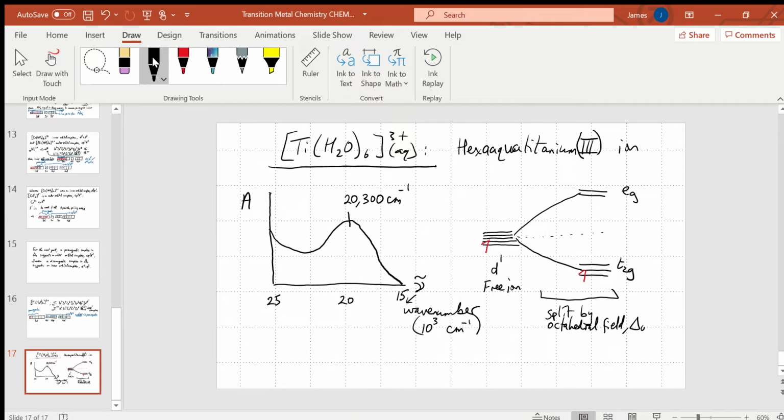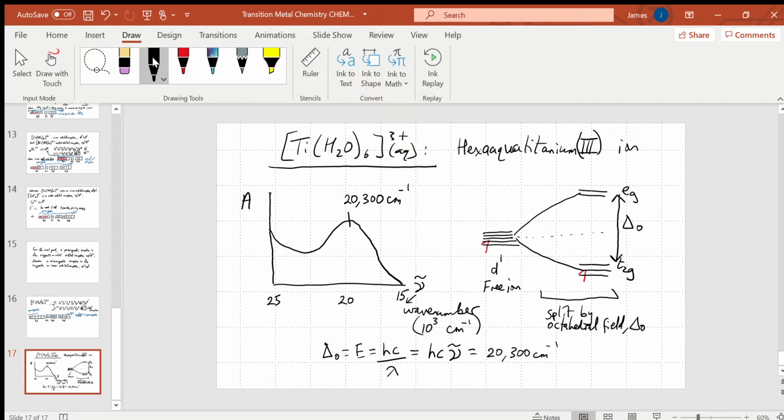So the energy gap here would be delta O. Remember that this energy gap, delta O, is energy, which is hc over lambda, which is hc times wave number, numerically equal to 20,300 reciprocal centimeters.